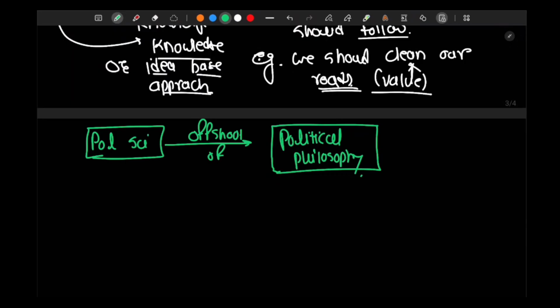What is an offshoot? An extension. Political science is an extension of political philosophy.